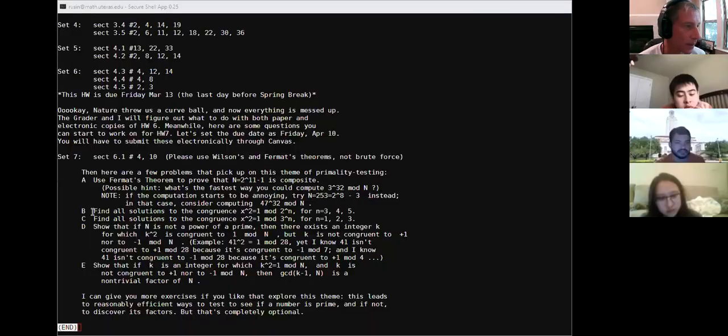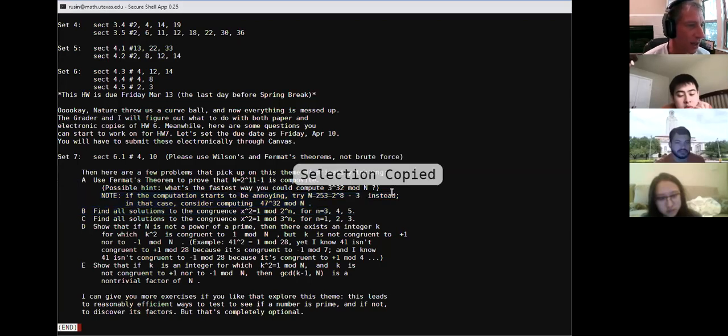I don't know if you guys have seen them. I think I can share my screen. Here, you're certainly welcome to pursue part A as I phrased it originally, but using these numbers can make things go a little bit faster. I've replaced the composite number at the top, this 2047.